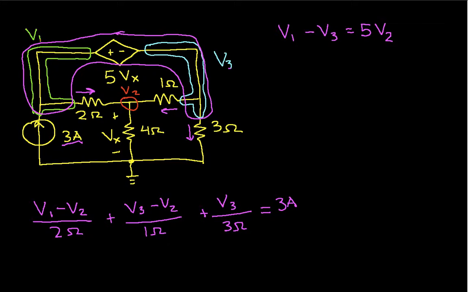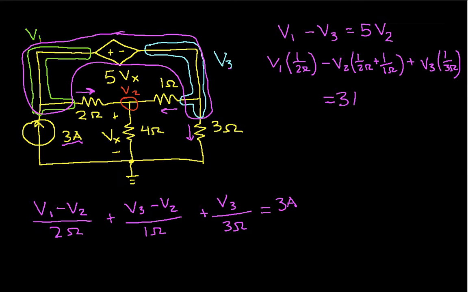Okay, so that's a second equation that we got from nodes 1 and 3 by considering them a supernode and applying KCL at that supernode. And I can simplify this a little bit as V1 times 1 over 2 ohms, minus V2 times (1 over 2 ohms plus 1 over 1 ohm), plus V3 times 1 over 3 ohms, and this is equal to 3 amps.